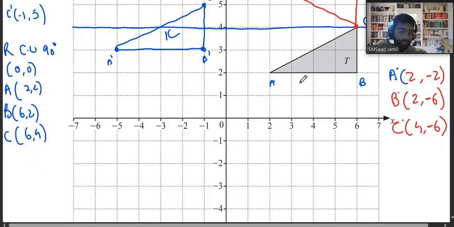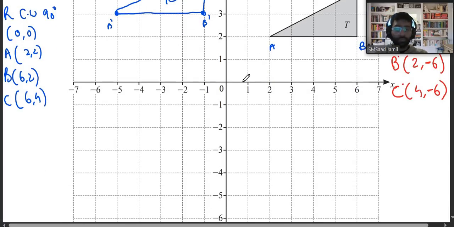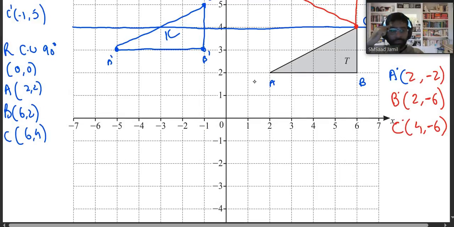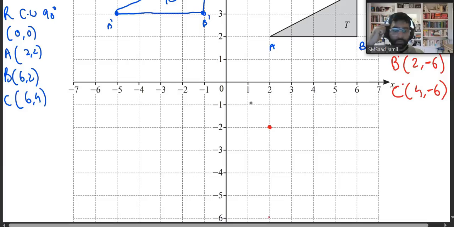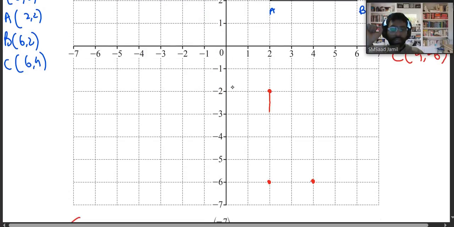So when I rotate it about (0, 0), A becomes (2, -2), B becomes (2, -6), and C becomes (4, -6). So once you rotate it, you will get an answer like this. Look.